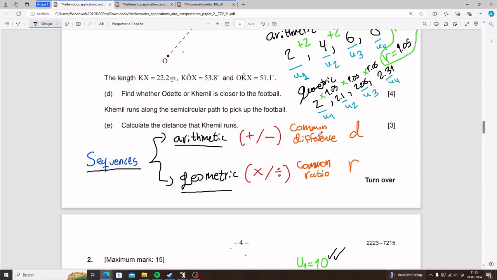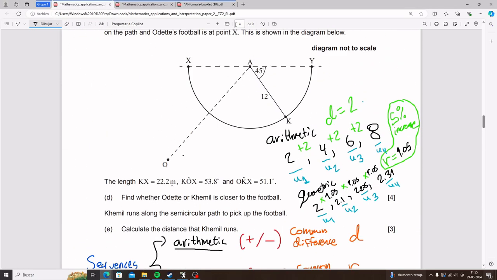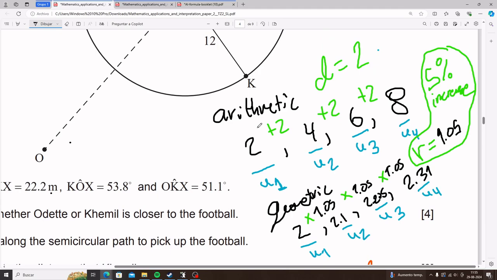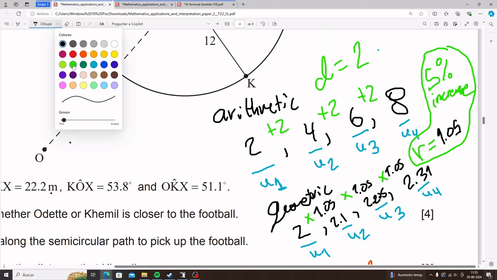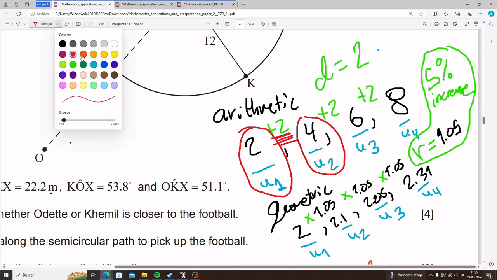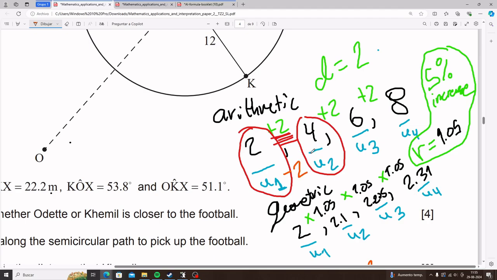So think about it this way. For the arithmetic one, this is a very important concept to grasp, so I'm going to explain it for a second. For the arithmetic one, if you wanted to go, for example, from U1 to U2, you would do +2. But if you wanted to go from U2 to U1, you would actually be doing -2. So if forwards you did plus, for backwards you will do minus.